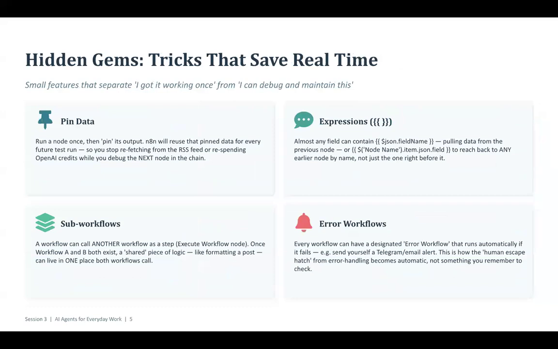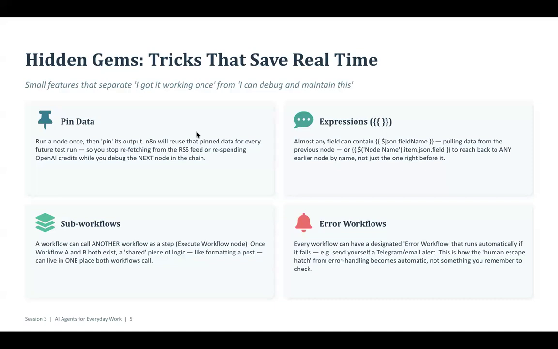These are some hidden gems, some tricks that will save you time and money as well. One of the most important ones, I think, is pin data. Sometimes when you have a workflow and, for example, your fifth or sixth node stops working, then to debug it you will probably be running your entire workflow again and again to figure out what the error is.